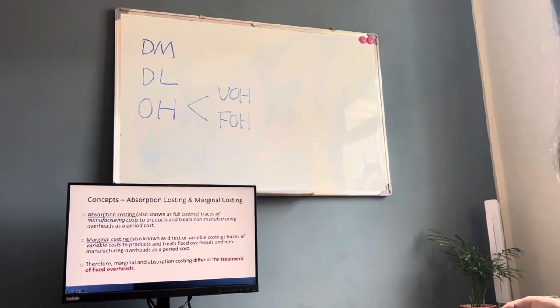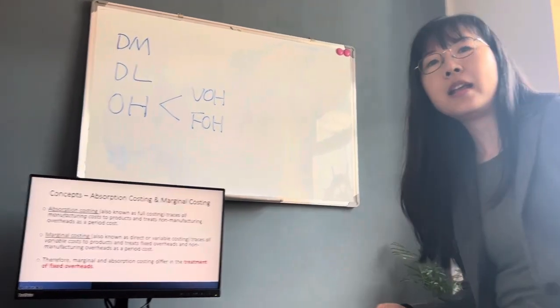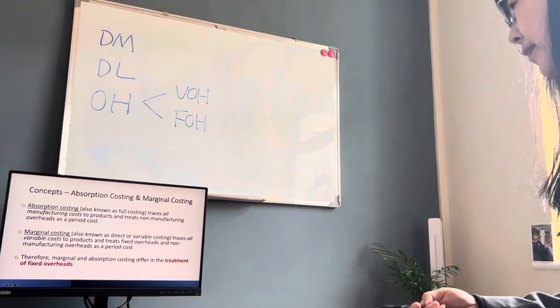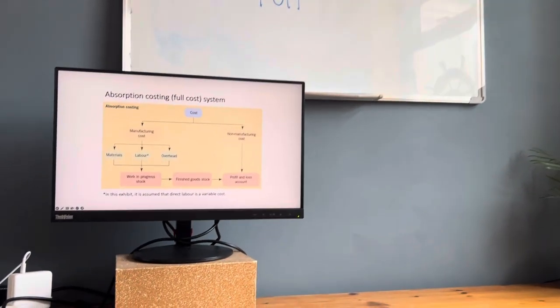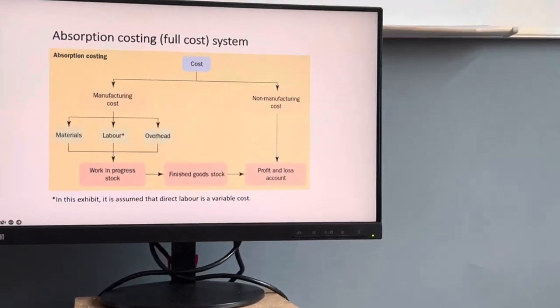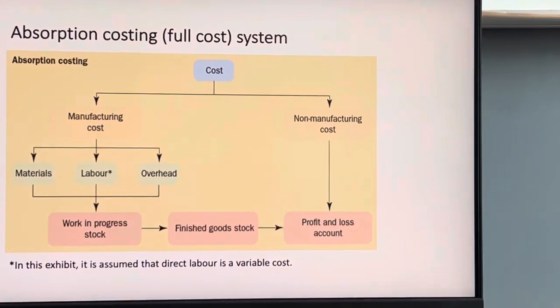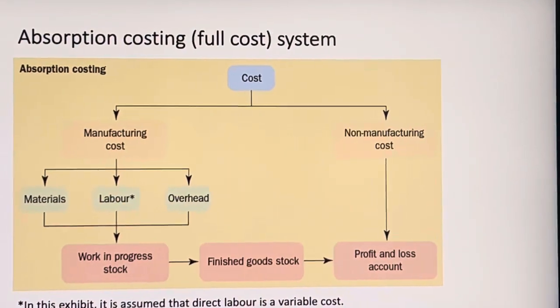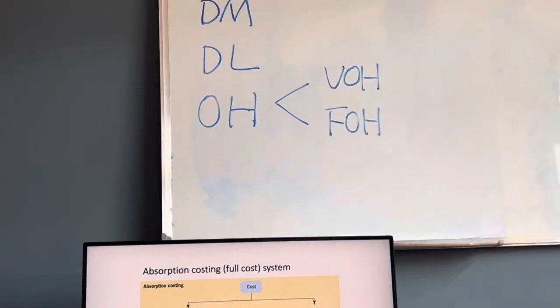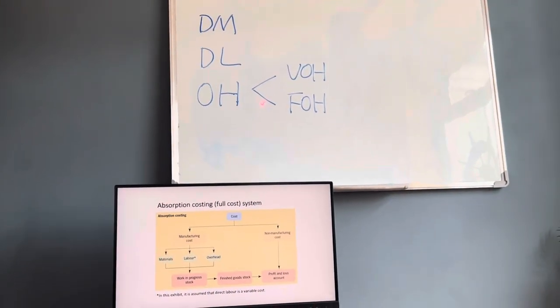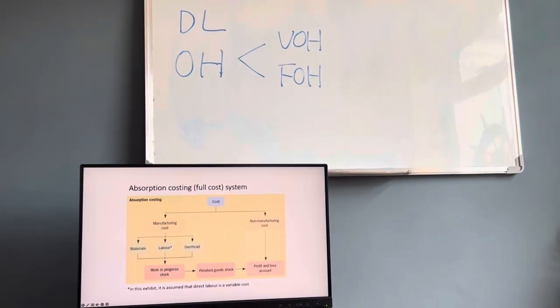Let's look at how each method works in our accounting system. Absorption costing system: all this cost, direct labor, direct material, overheads, goes into a product. That's absorption costing.